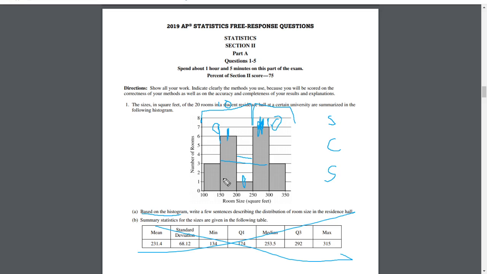The range would be somewhere between this distance and this distance, which would be 150 to 250 feet. And then you could just say the largest and the smallest as well. So the largest room is at least 100 feet, whereas the smallest room is at least 100 square feet. The largest room is less than 350 feet.